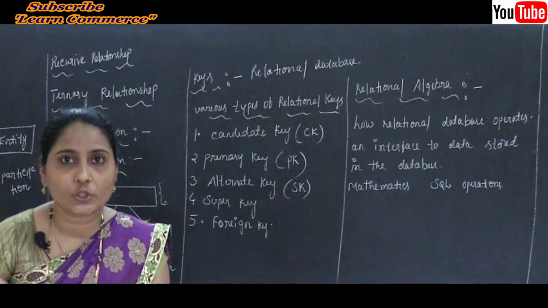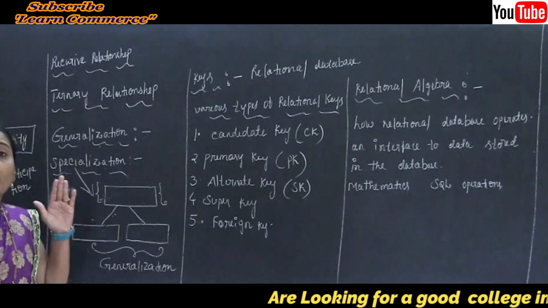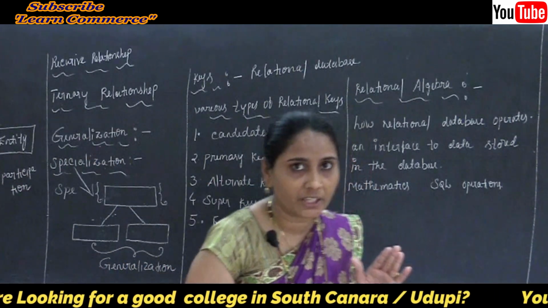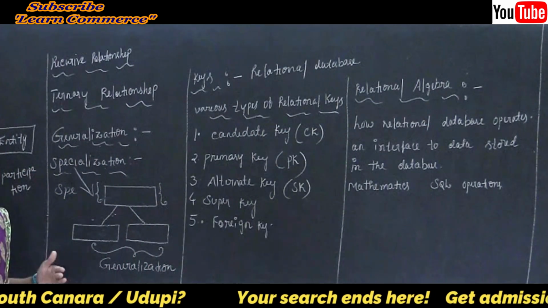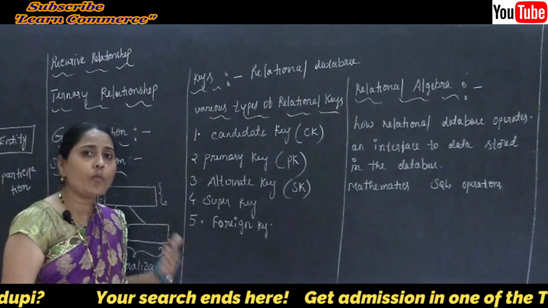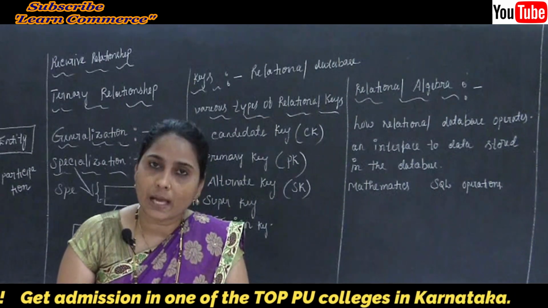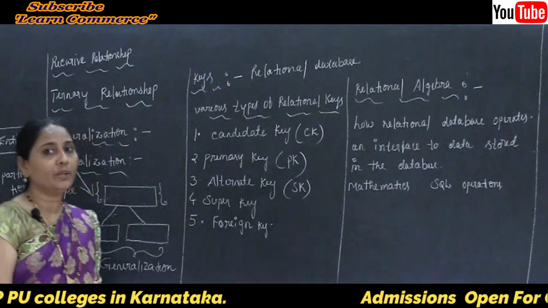That means while creating a table, we use some keys. So the word key is specially used in tables, or in our relational database design. Why are we using them? Because they are used to establish as well as to identify the relation between tables.